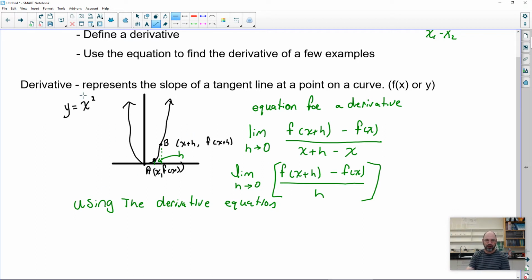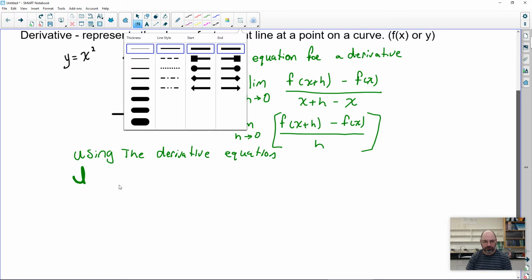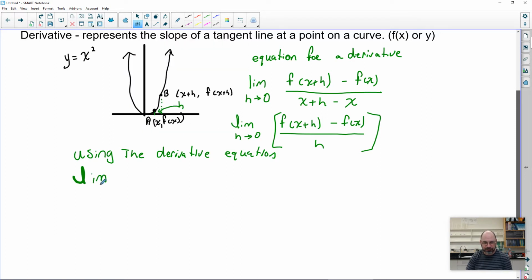So we're going to now use this equation, y equals x squared, or f of x equals x squared in our example. Let's go back to green here. All right, so our equation is the limit as h approaches 0 of f of x plus h minus f of x all over h.